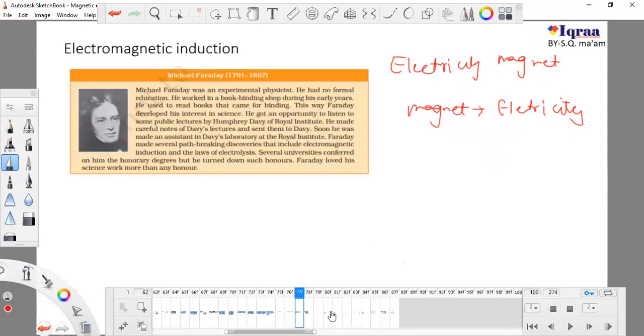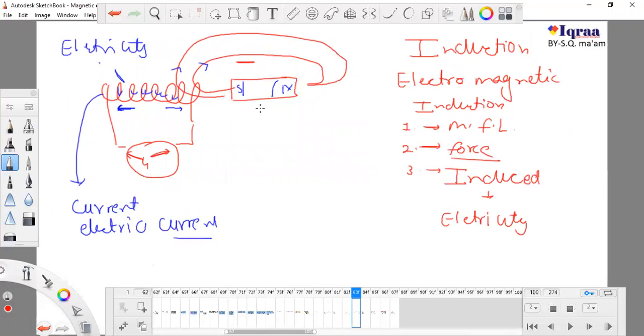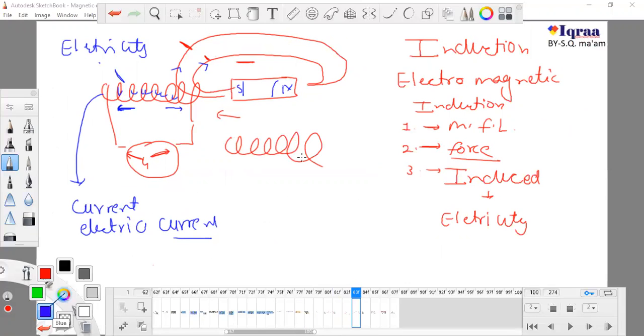He thought that, and he proved it. What he did was bring these two things very close and then very far apart. The first is the magnet and the second is the coil. Due to the impact and power of these magnetic field lines, the conductor also allows the current to pass.